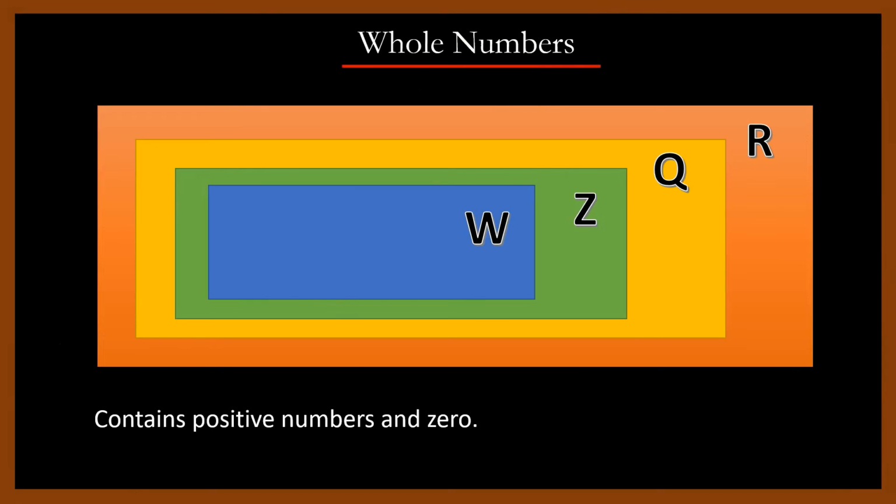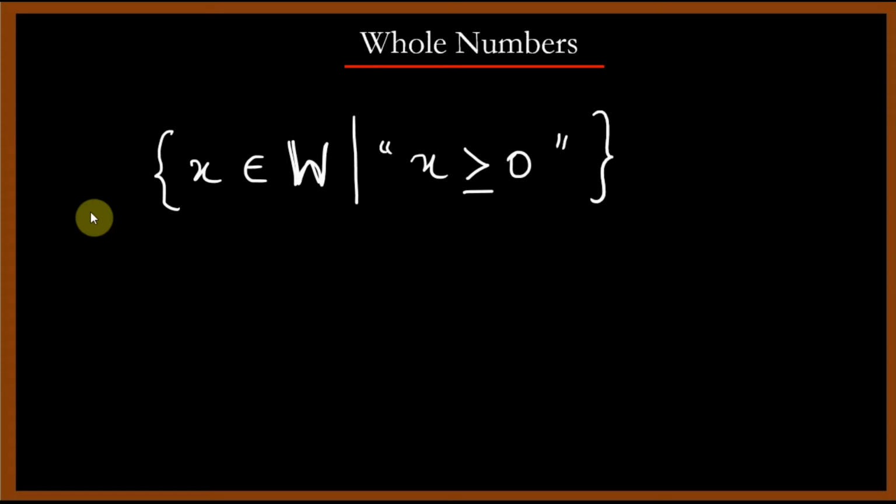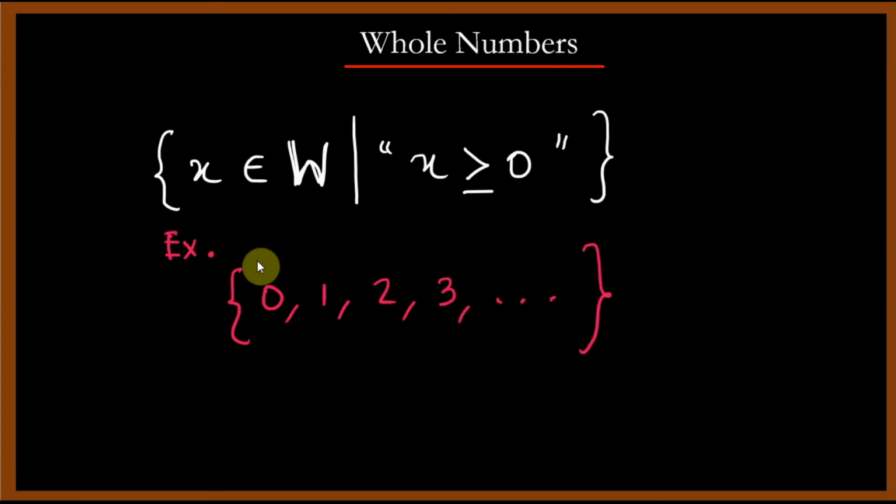Since integers are a subset of rational numbers, whole numbers are also a subset of rational numbers. You can write this in set builder notation as x in W such that x is greater than or equal to 0. Examples of whole numbers are 0, 1, 2, 3, and so on.